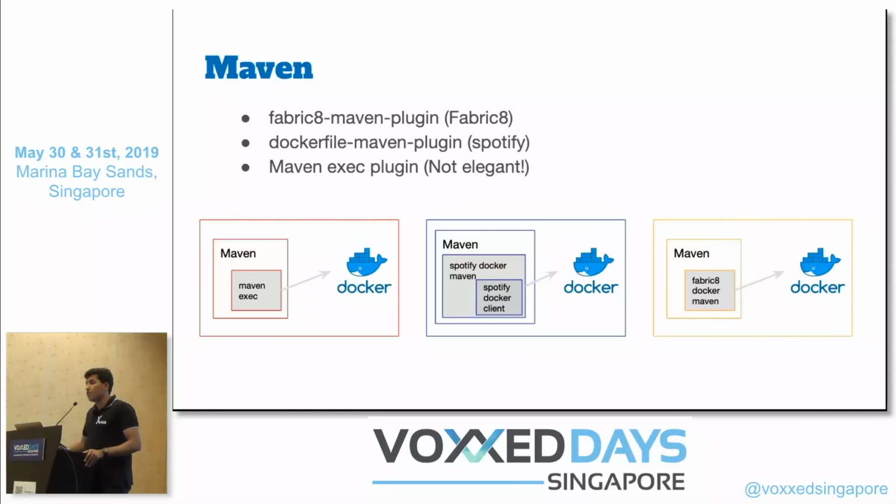And the easiest way to achieve that in Maven is just putting Docker commands inside Maven lifecycles by using the Maven exec plugin. However, this solution is not so elegant. Other, more sophisticated plugins exist, like the Dockerfile Maven plugin from Spotify. And this plugin is the embodiment of simplicity, since it does basically two things.